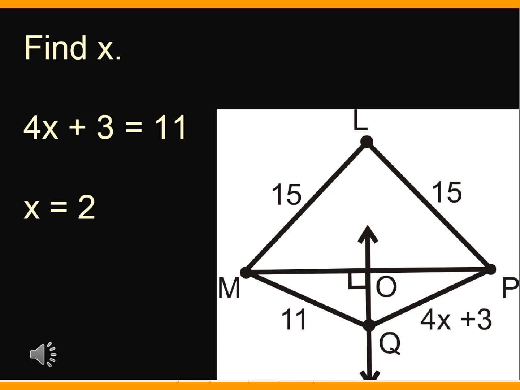Here we'd have 4x plus 3 equals 11. And if you go ahead and solve that, that would mean 4x equals 8. So x is going to have to be 2.